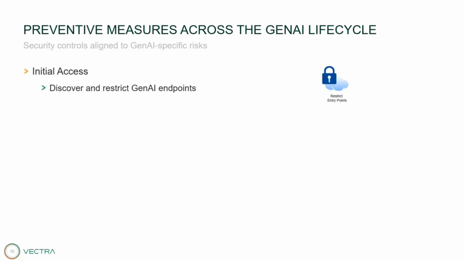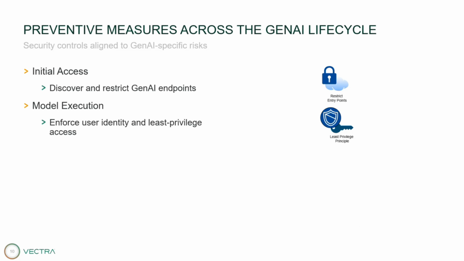So first, every GenAI endpoint in your environment needs to be discovered and shut down anything that's unmanaged. So no more shadow AI. Second, lock down any IAM to least privilege. So no more unnecessary permissions.